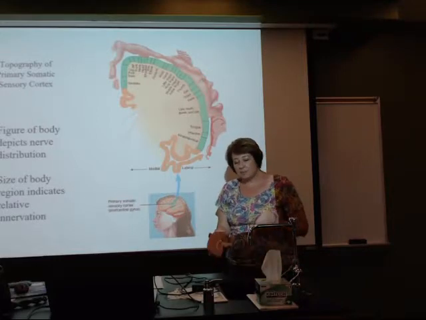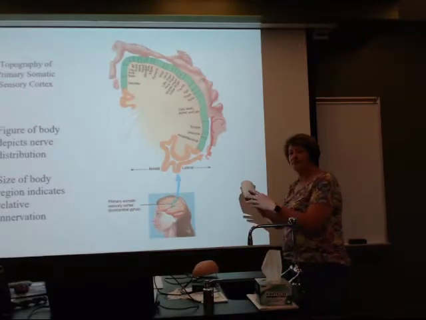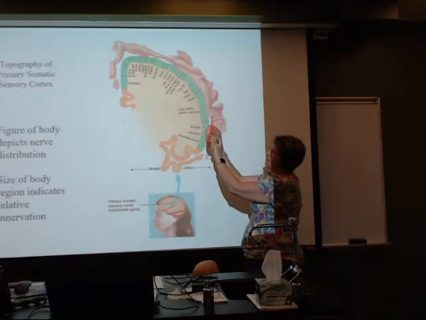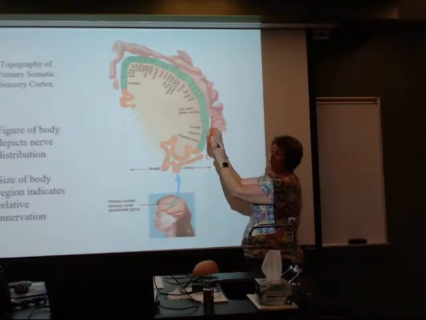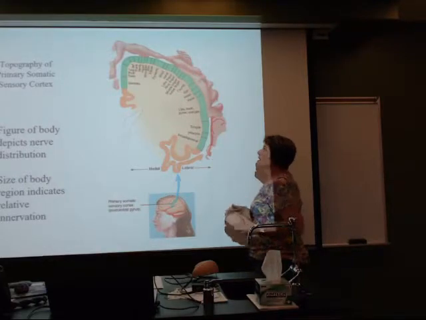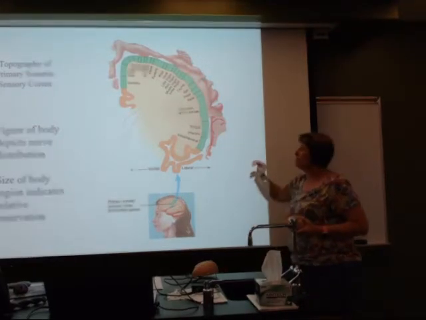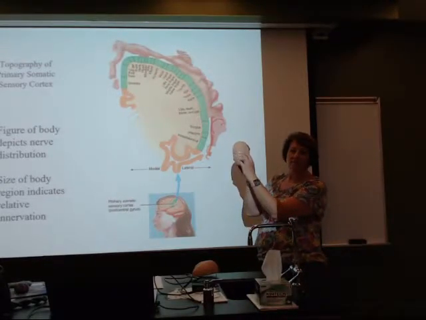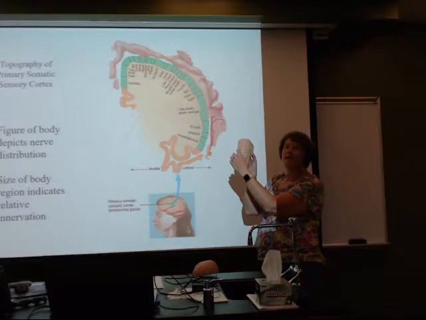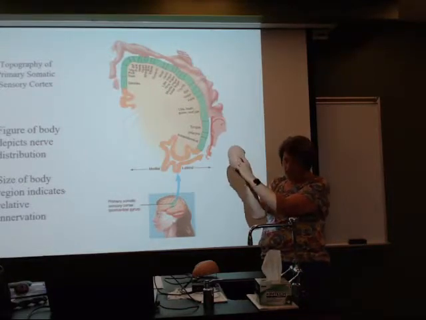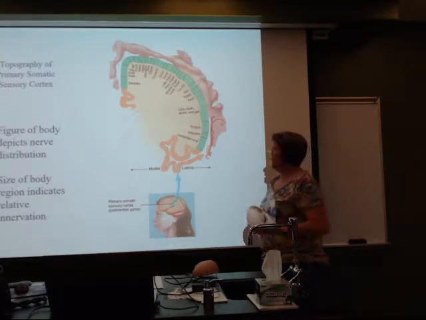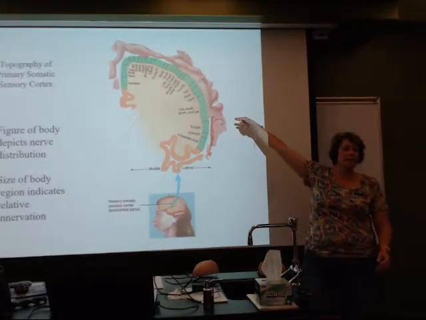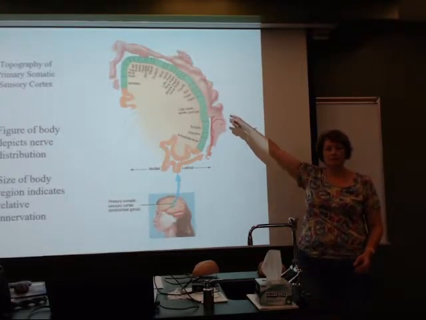So, if I'm looking at my brain and my central sulcus, and I have the post and the pre-gyri, all right, sensory information must come into my sensory gyri. This is how the brain picks it up.